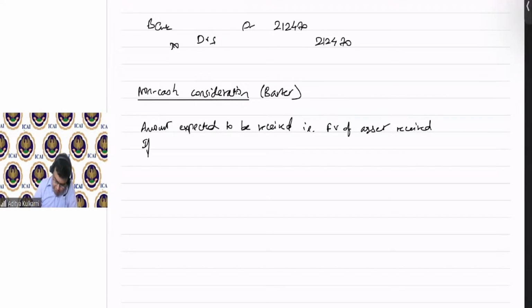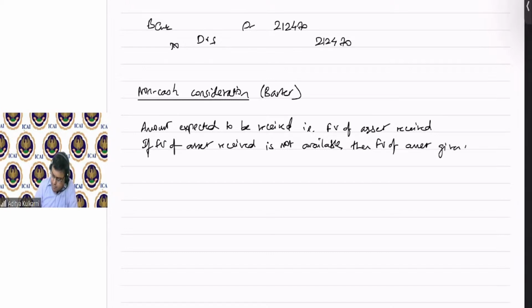If the fair value of the asset received is not available, then the fair value of the asset given up can be considered. But the question of reliability does not arise here.